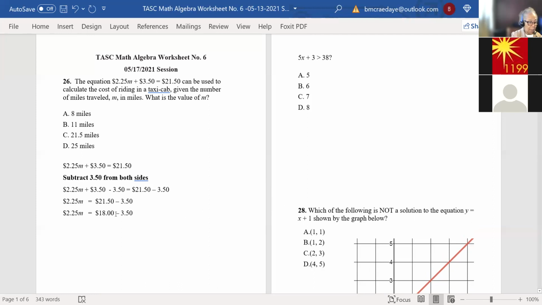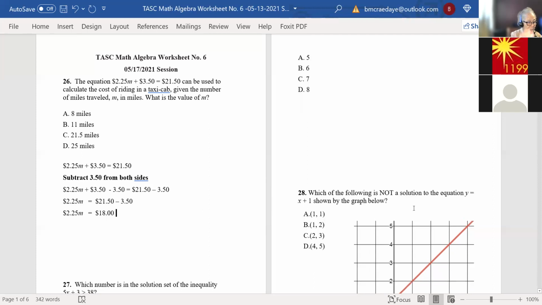So you cross out the 2.25 and you only have M remaining on the left. What operation did you do here to just get M? Okay, you do division. That's right.